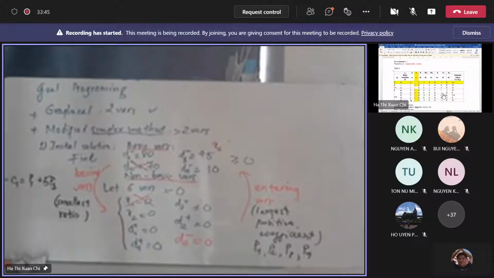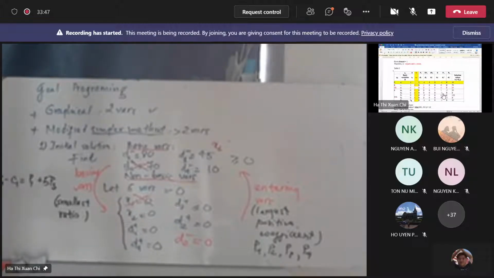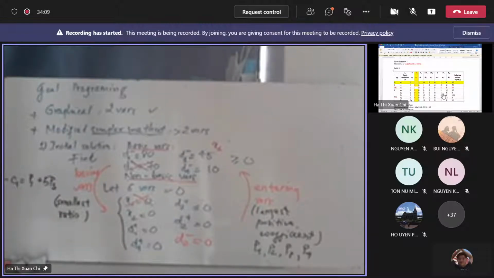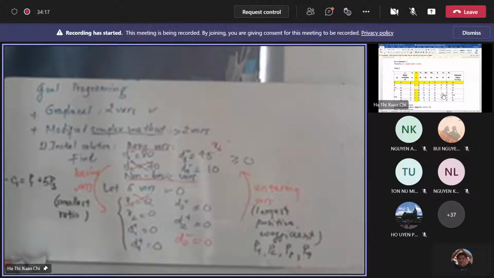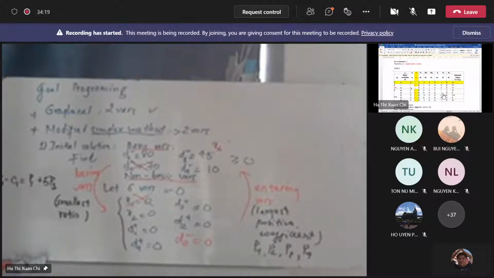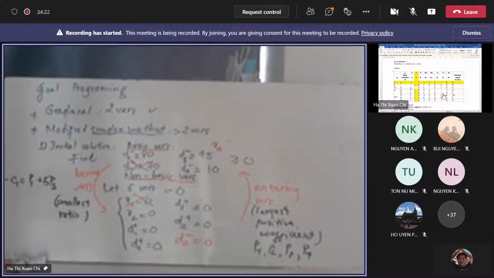So right now, everyone, how can we transform the numbers in this row to become 0?